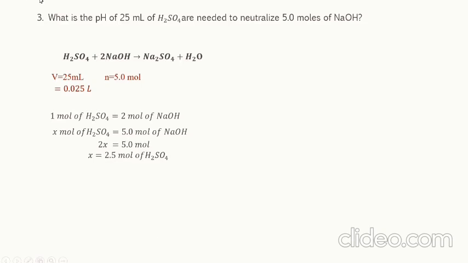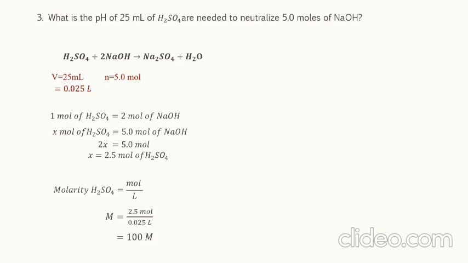So we need to calculate the mole of H2SO4. We do it like this. 1 mole of H2SO4 equals 2 moles of NaOH. Since the NaOH is 5.0 mole, we multiply by 2, and we get 2.5 mole of H2SO4.